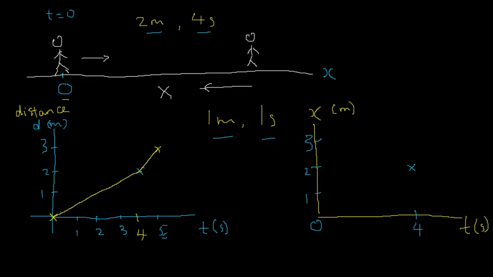But after another second, number 5, he walked backwards by 1 meter after 1 second. Now, if he walked backwards, the x value here is 4, the x value there is 0. So when he walked backwards by 1 meter, to there, that would be 3. X equals 3. Oh, oops, that will be x equals 2.